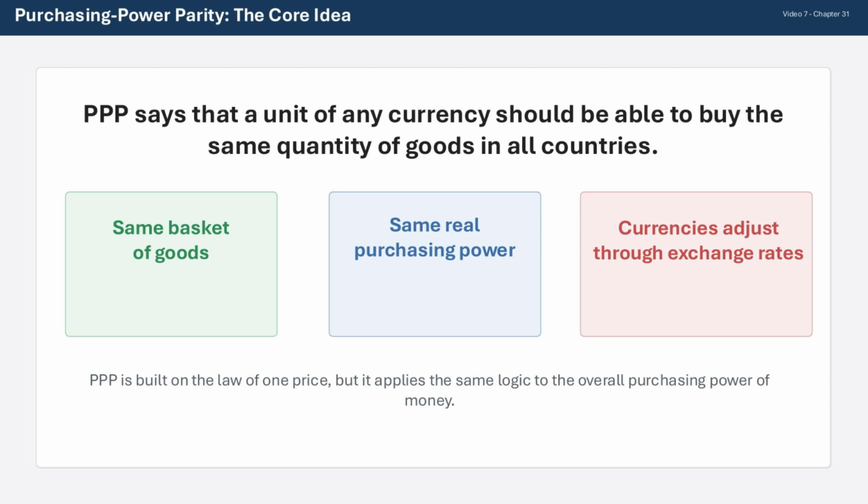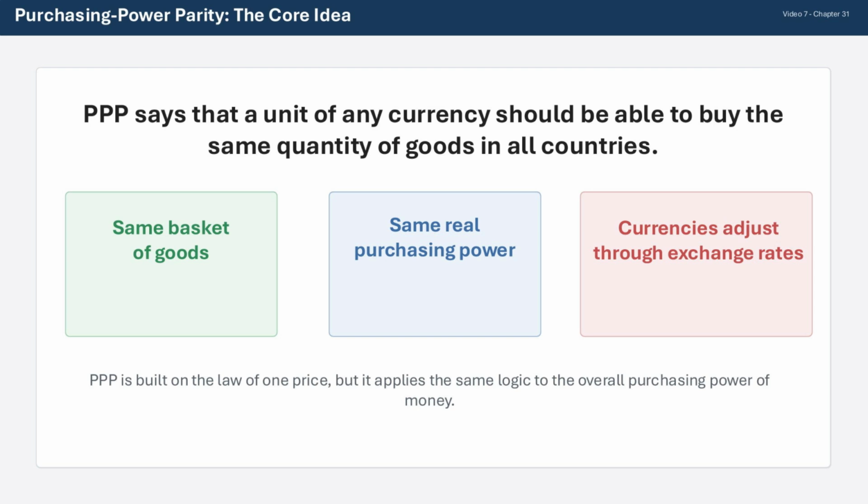Here is an easy way to think about it. Suppose one basket of goods is much more expensive in one country than in another, even after converting the currencies. Then one of the currencies is not lined up very well with what goods actually cost. PPP says the exchange rate should adjust so that the purchasing power becomes more similar across countries.